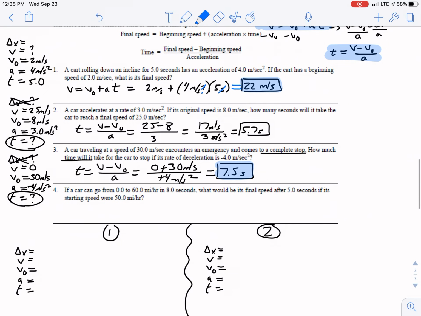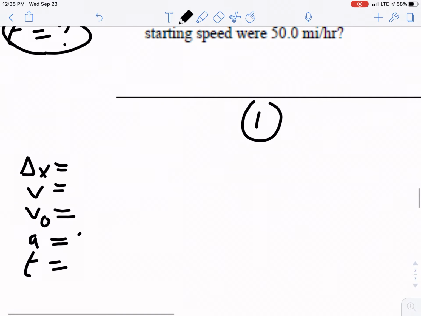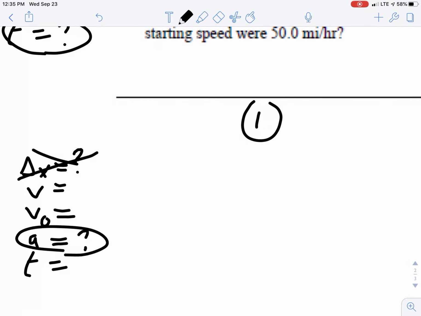And in our last question, it says, if a car can go from 0 to 60 miles per hour in 8 seconds, what would the final speed be after 5 seconds if its starting speed were 50 miles per hour? Well, guys, this is a two-part problem. In the first part, we know everything except the acceleration. Well, we don't know the displacement, but we don't need to know it. So in step 1, we're going to find the acceleration.